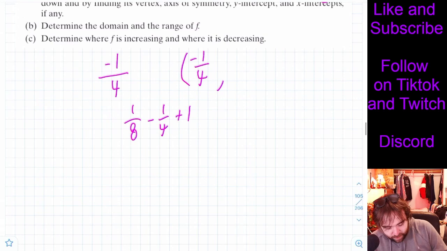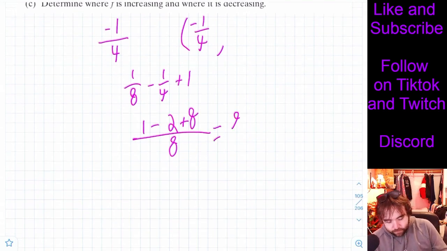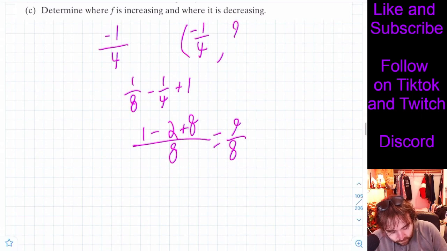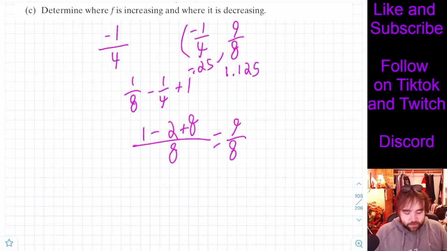So we'll multiply it by 2, so 1 minus 2, and then we'll multiply by 8 plus 8. All that will be over 8. So what is that? 9/8? 9/8. So when we go to Desmos, what should that be? 1.125 and negative 0.25, just because it'll show it in decimals.